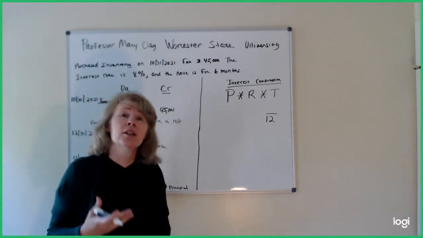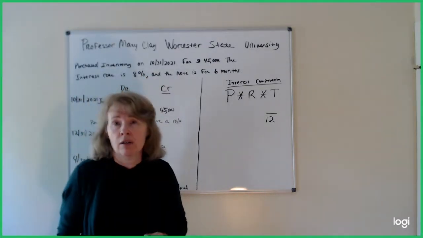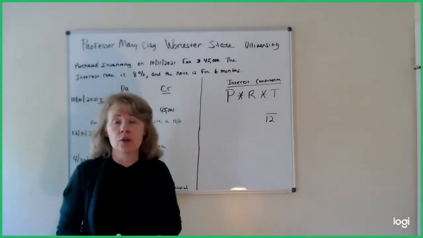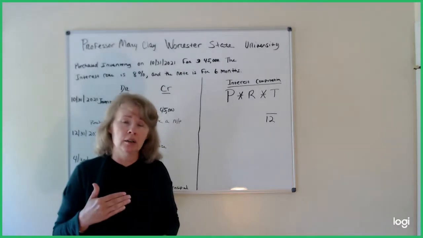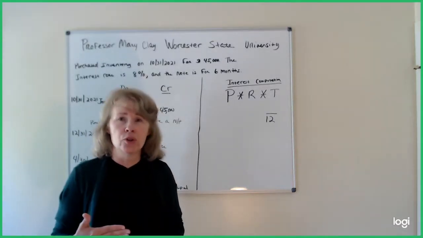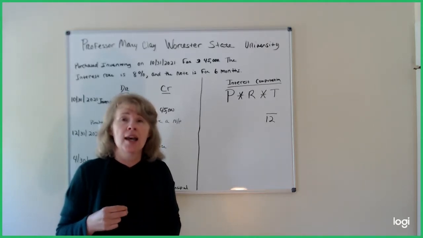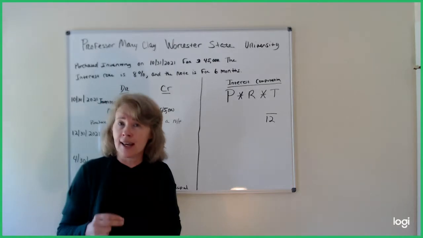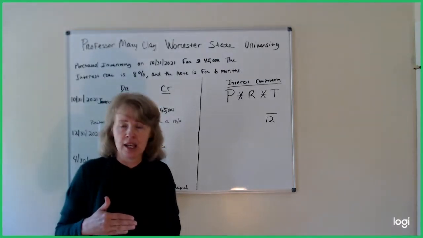For this particular problem, you borrowed this note on 10/31/2021, but the note will not mature until 2022. So you are going to have to do an adjusting entry. Remember, when you do an adjusting entry, cash will not be affected.